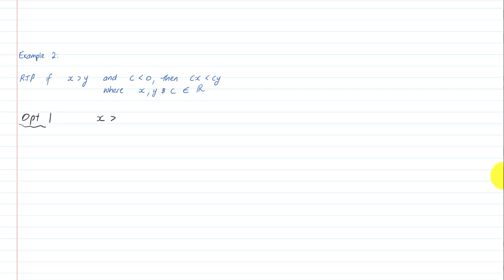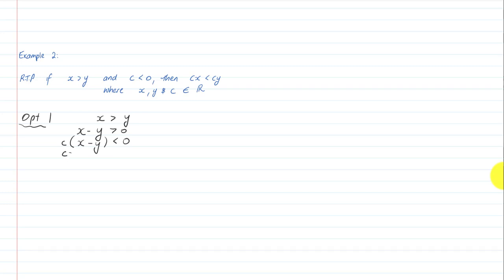If x is greater than y, I don't want to muck around with the inequality too much, but I can subtract y from both sides to say, well, x minus y must be greater than 0. And then I can multiply by c, and I get c times (x minus y) is greater than 0, but because c is less than 0, it swaps the inequality.